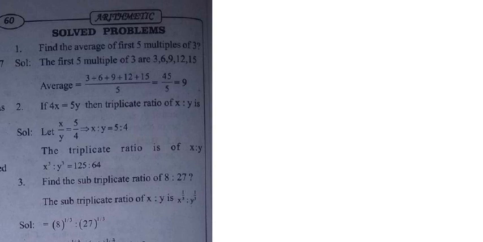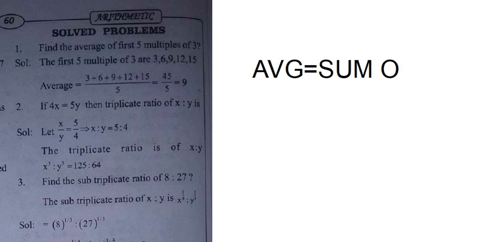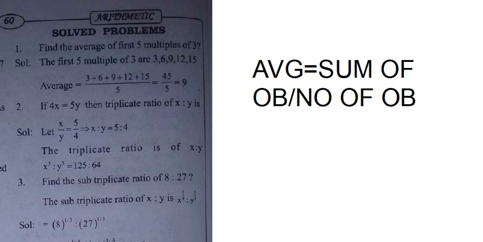Okay, wait, I'll write here. AVG means average is equal to sum of observations by number of observations. OB means observations, friends.